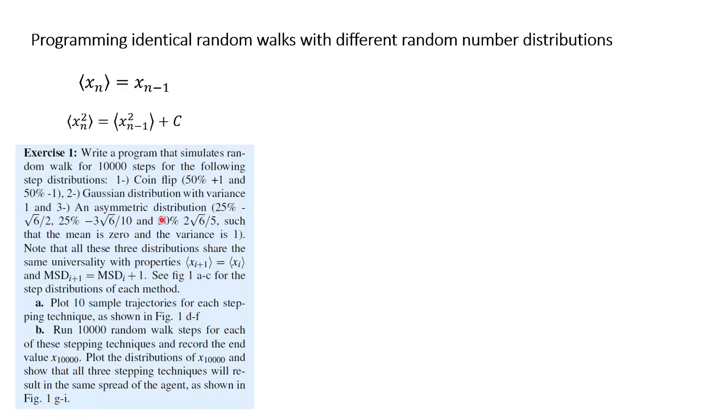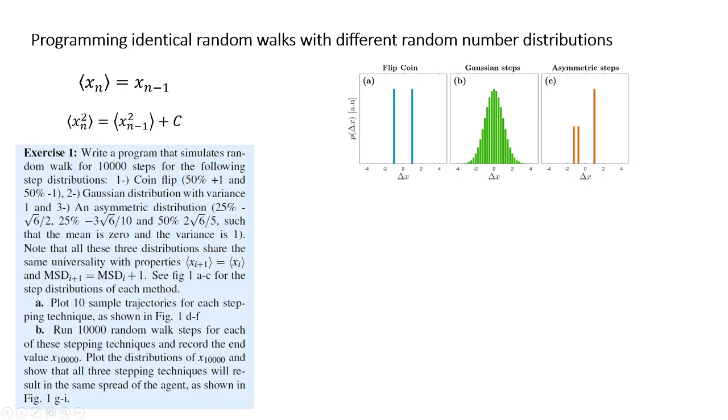This is an asymmetric distribution, and it still gives an average displacement that is 0 and an average square displacement that is 1. So these are the characteristics that all three random walk step distributions share.